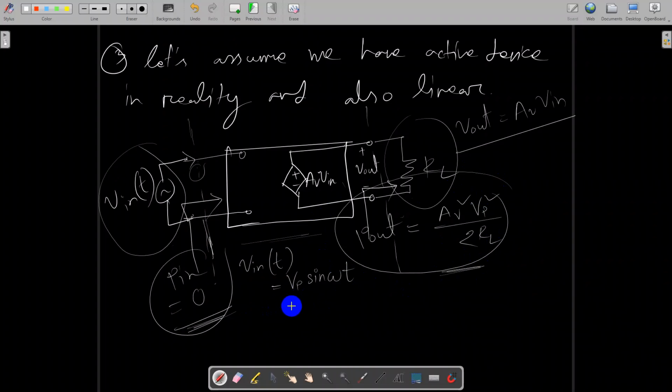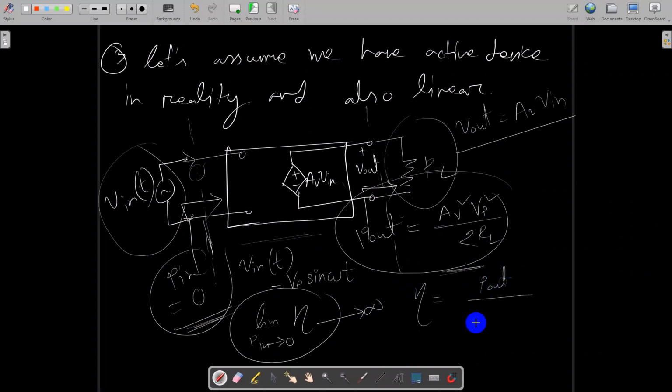Let's see the efficiency. The efficiency is eta, which is P_out, the signal power, divided by P_in. When the limit of P_in tends to 0, this whole expression tends to infinity.